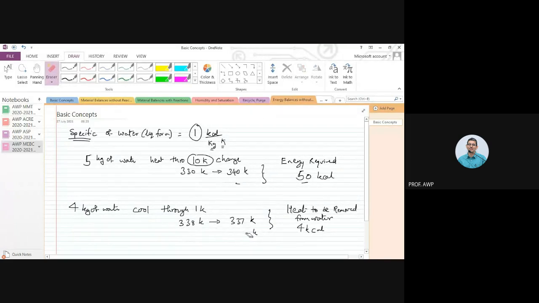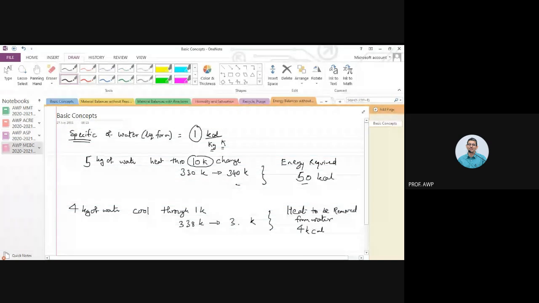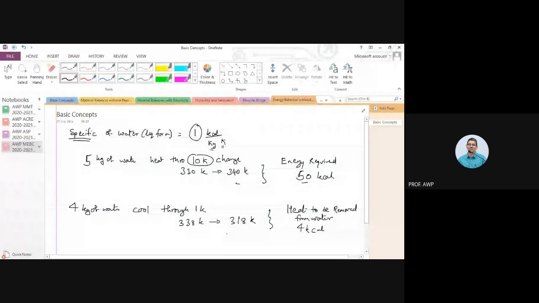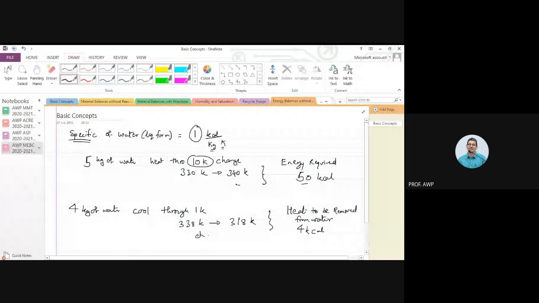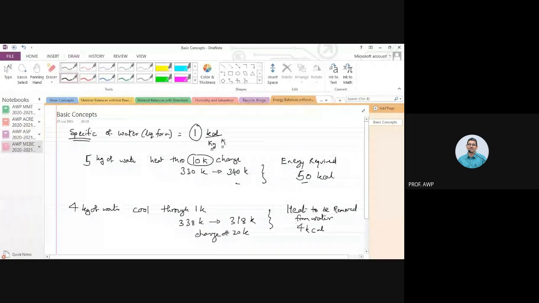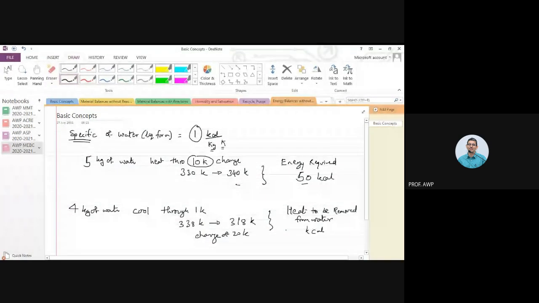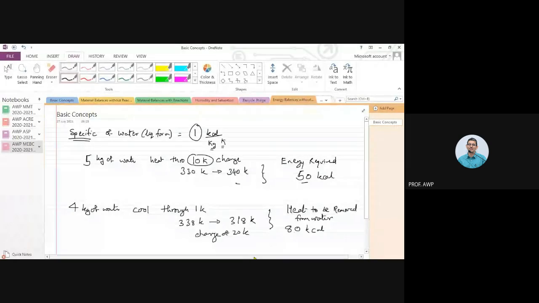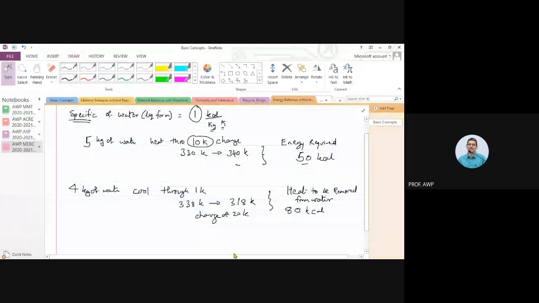Same way, if I want to cool 4 kgs from 338 to 318 Kelvin, now it's a change of 20 Kelvin, then I would need to remove 20 times as much heat, so 80 kilocalories, right? So that's the importance of specific heat.